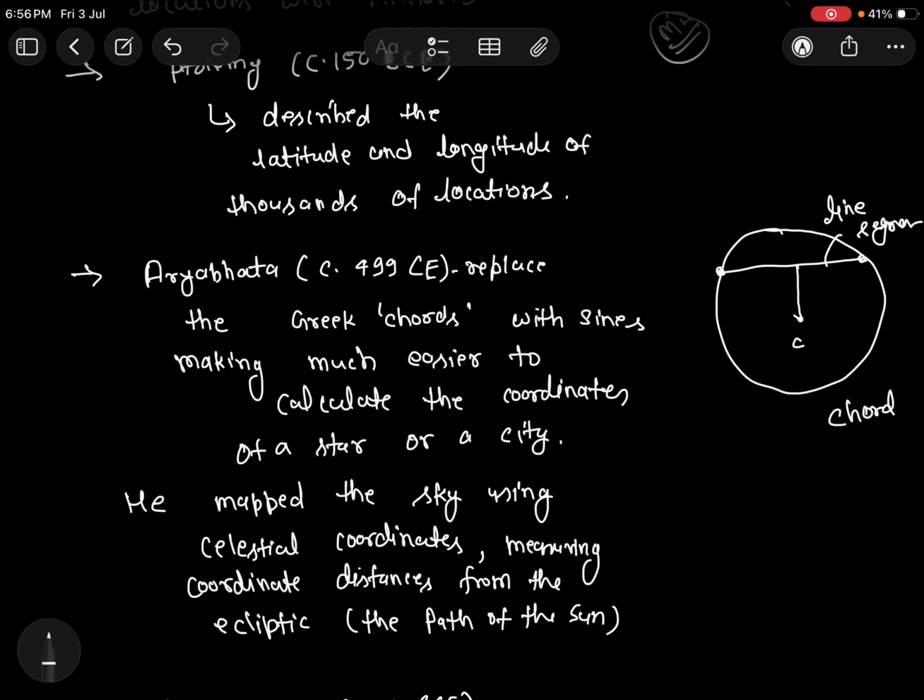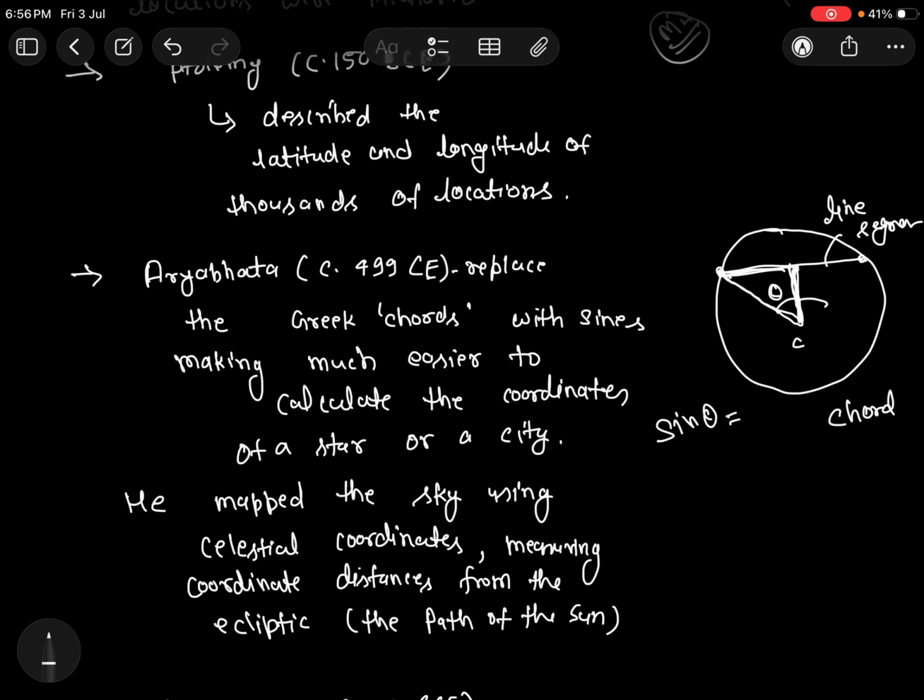What is the sine? You know, it is the ratio of two lengths of a triangle. If you draw a line from the center to this chord, you will notice this is a right angle triangle. With sine theta, let's say this angle is theta, you have a ratio of two lengths of this triangle.